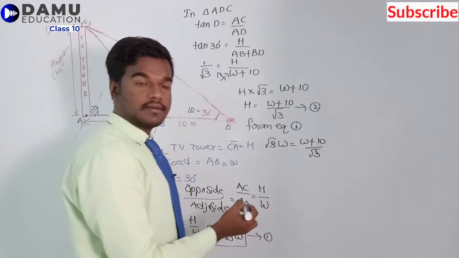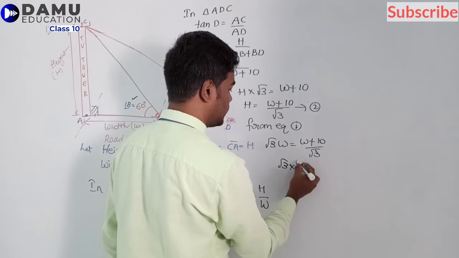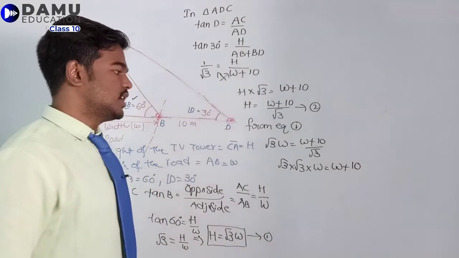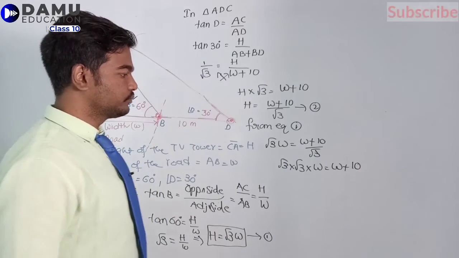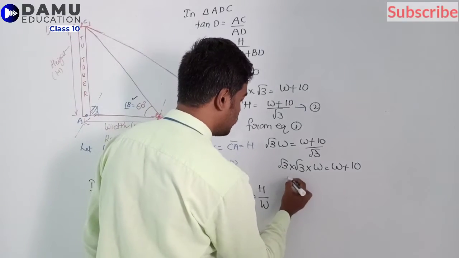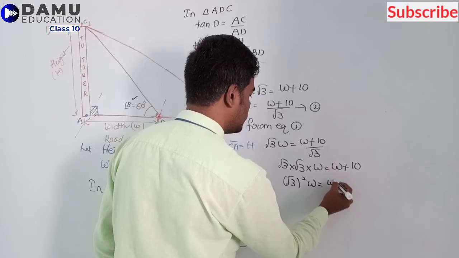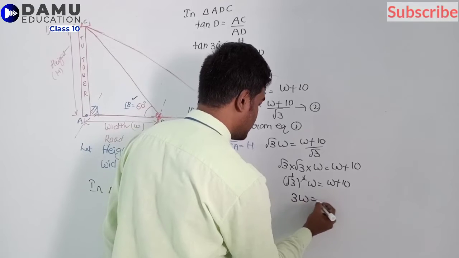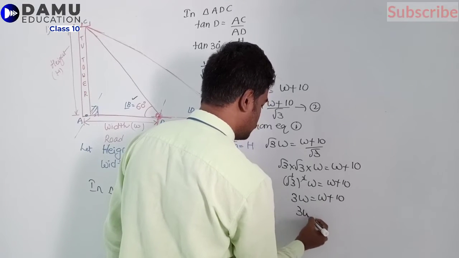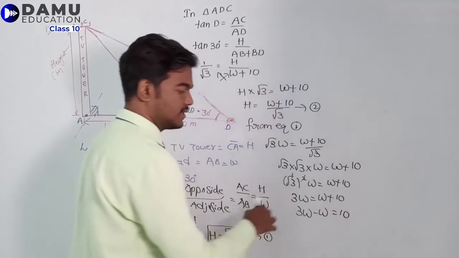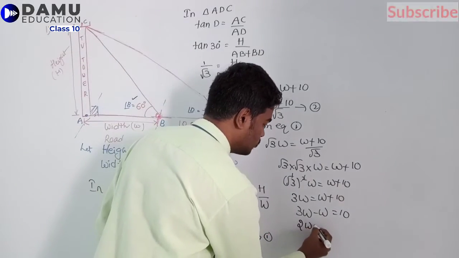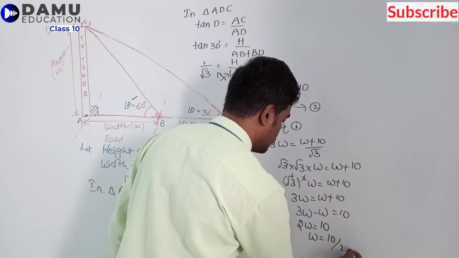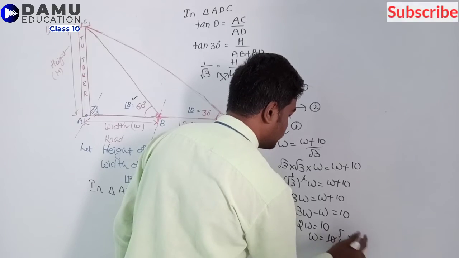Let's consider this as equation 2. From equation 1, H is root 3 W. Substituting, root 3 W is equal to W plus 10 by root 3. Multiplying by root 3, root 3 whole square W is equal to W plus 10. Then 3W is equal to W plus 10, so 3W minus W is equal to 10. That is 2W equals 10, then W will be equal to 10 by 2, that is 5 meters.